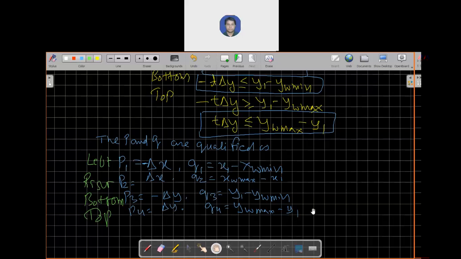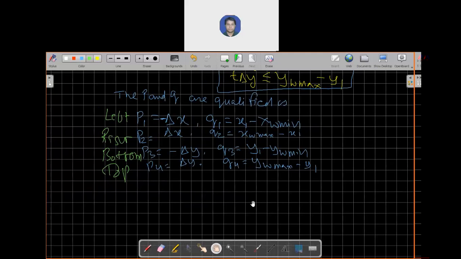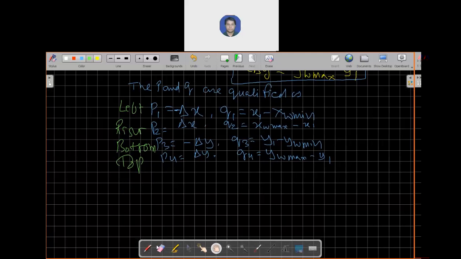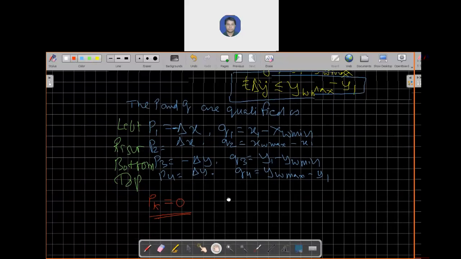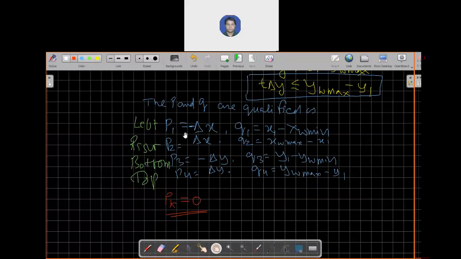Okay, now there are some conditions. First condition: if the value of pk equals 0. What is the value of pk? As you can see, pk is always showing delta x or delta y, meaning y2 minus y1, x2 minus x1.